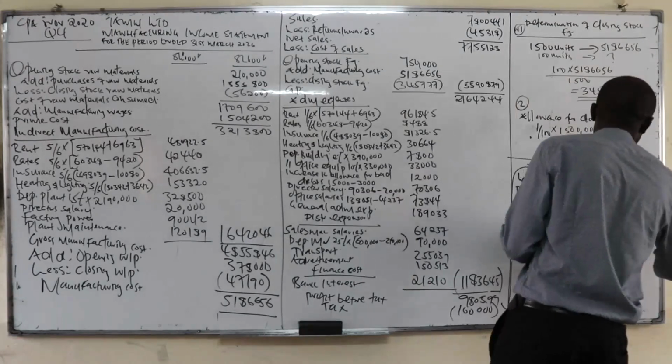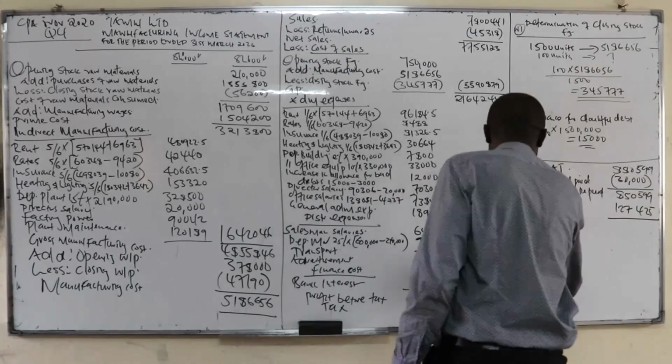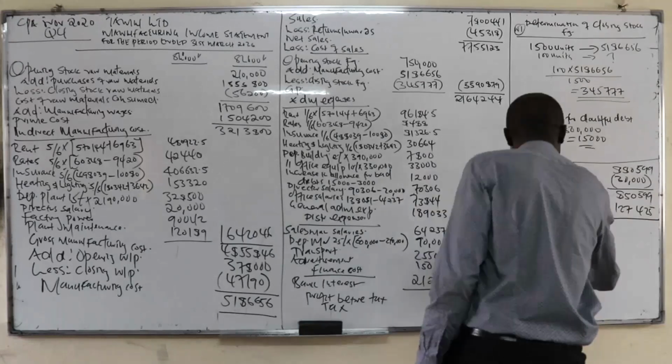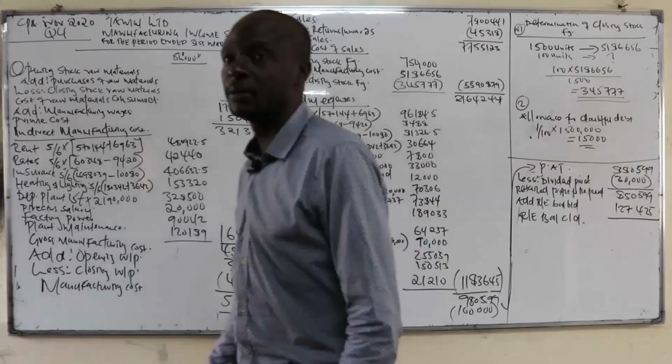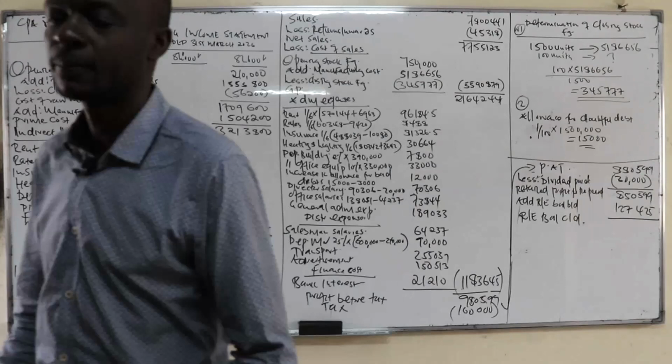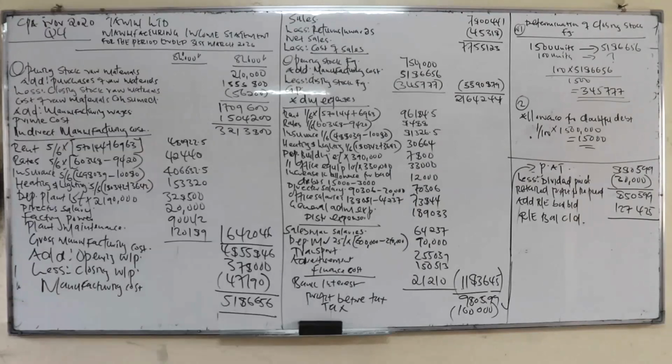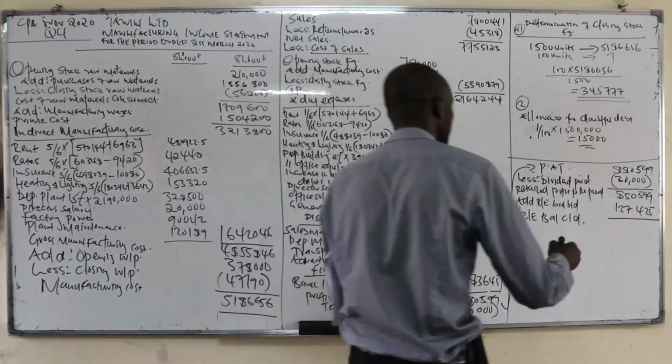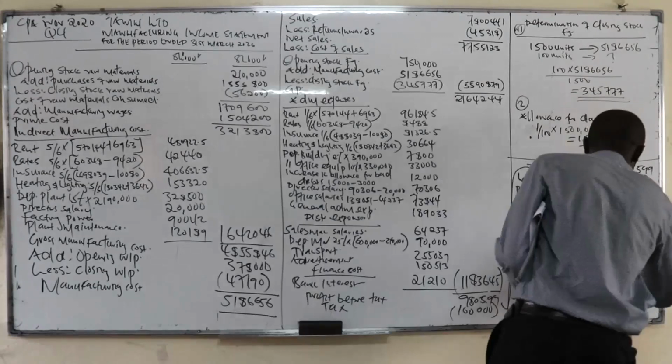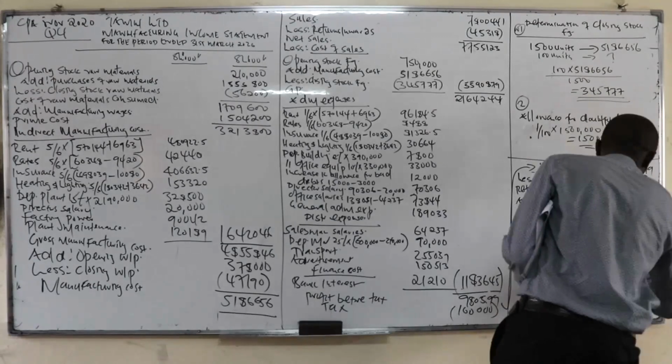So you get the retained earnings balance carried down. Can you add that one? Hoja ngapi? 978. So that one will bring us to the end of that question.